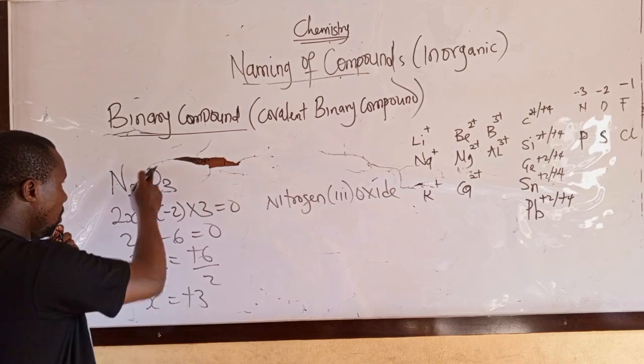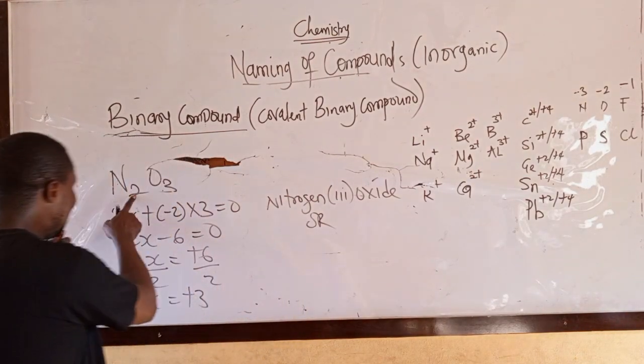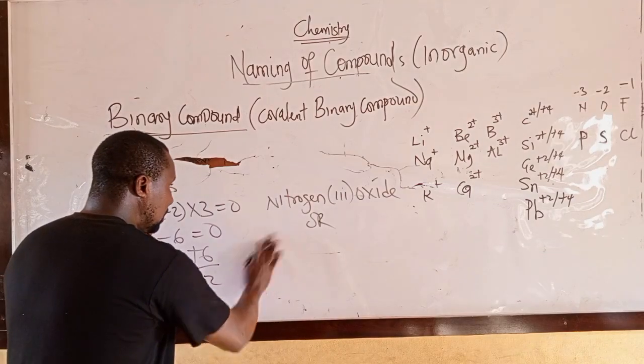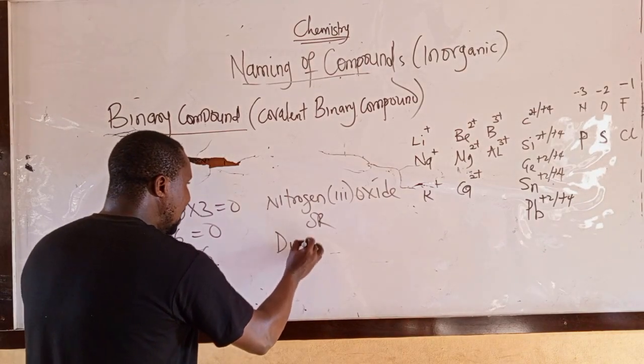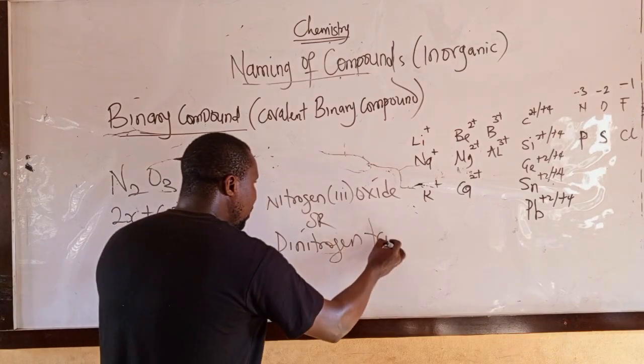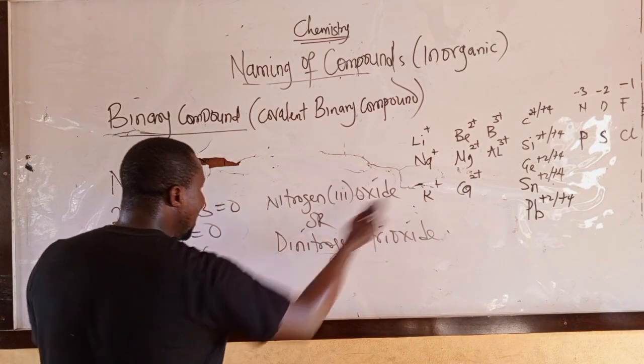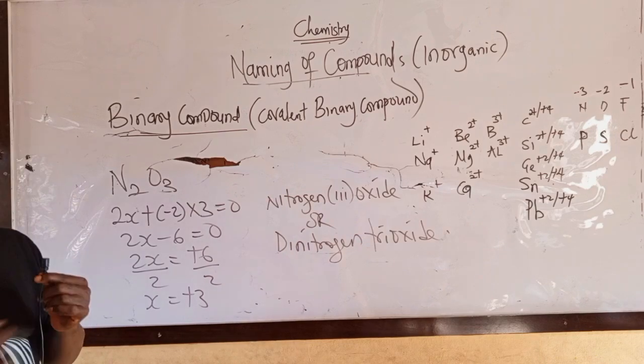Nitrogen 3 oxide. Or if I want to give it a prefix, dinitrogen, then 3, trioxide. Dinitrogen trioxide.